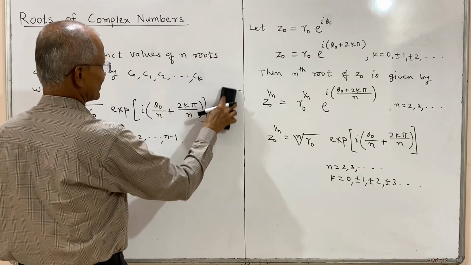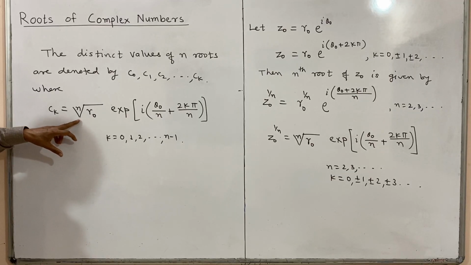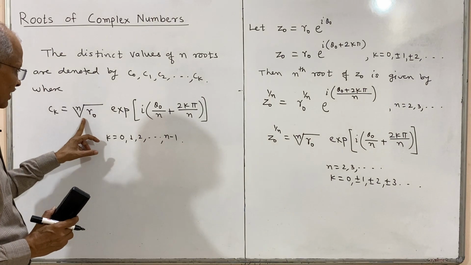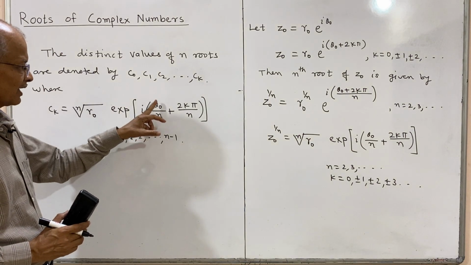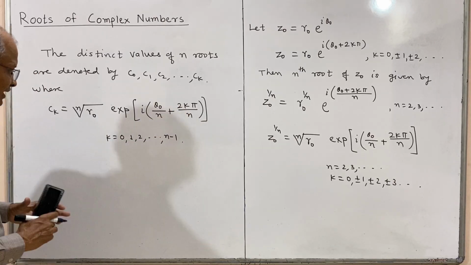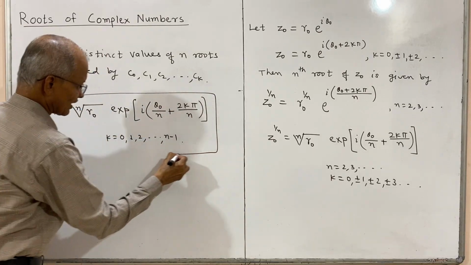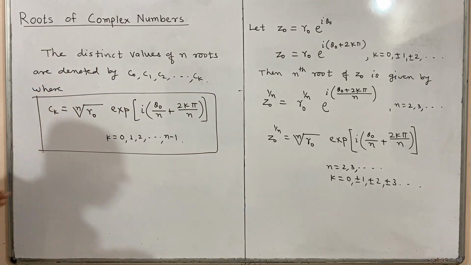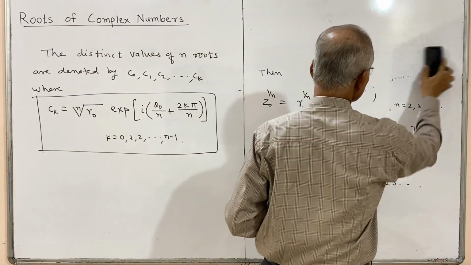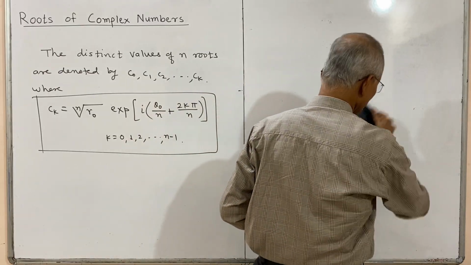Here the nth root of r naught is the positive root, and the exponential is i into bracket theta naught divided by n plus 2k pi divided by n. So this we have to remember, and these nth roots will lie on the vertices of a regular polygon of n sides inscribed in the circle.